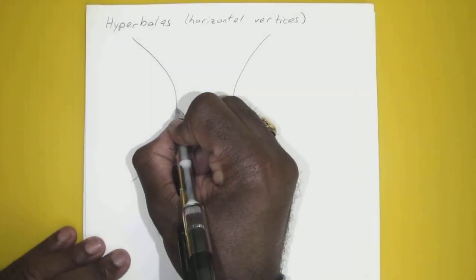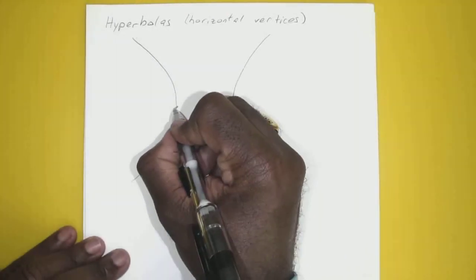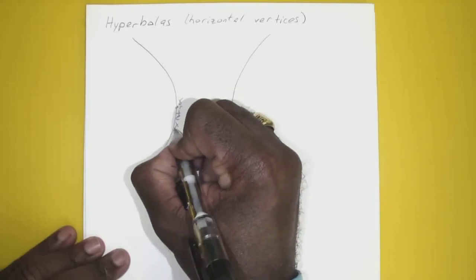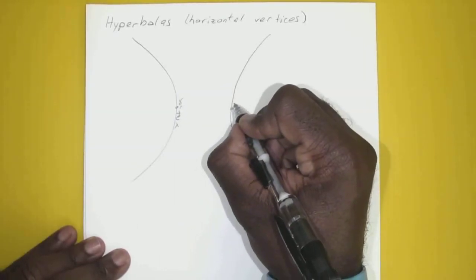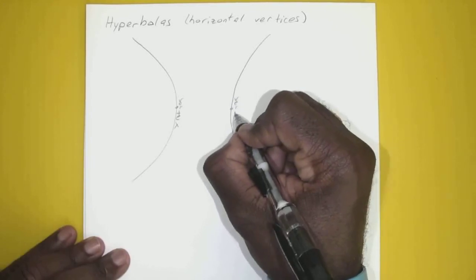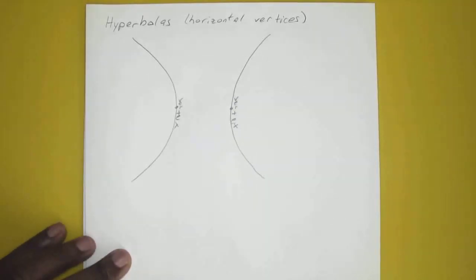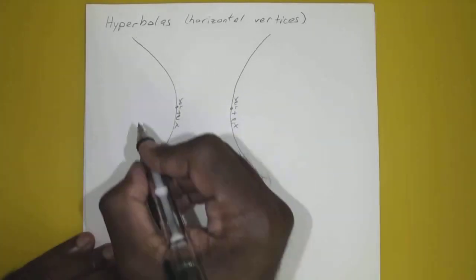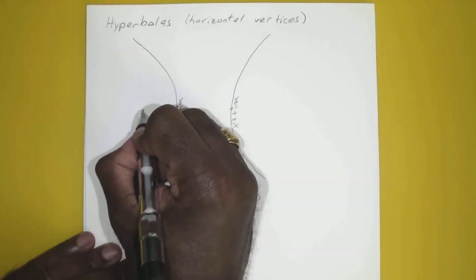Okay, so we know with our parabolas, we had a vertex, and we had a vertex. Okay, so in addition to each of them having a vertex, they each also have a focus point.